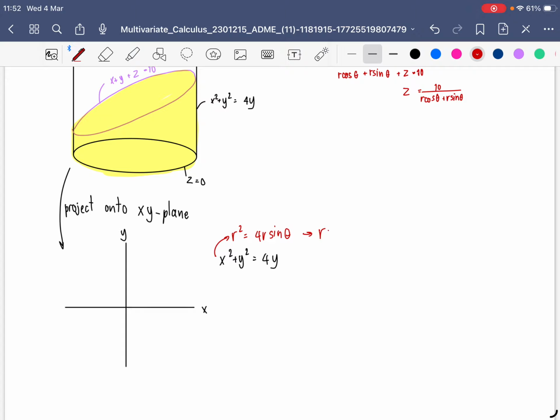About drawing, I do a perfect square. So you get x squared plus y minus 2 squared is 4. Radius 2, center (0, 2).